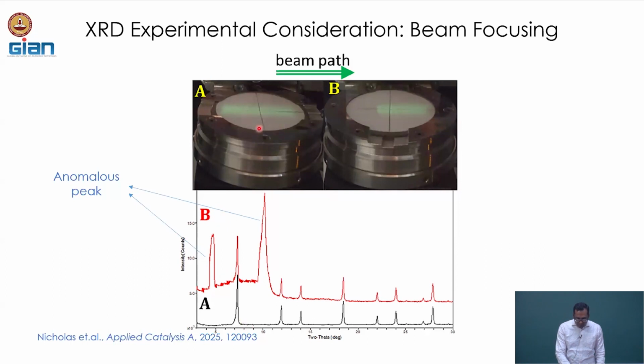For the perfectly focused case, we get a very nice X-ray diffractogram. For the other case, there are two additional peaks shown in the XRD that do not correspond to the material. This anomalous peak is really unhelpful, because we are seeing things that are not present in your material.